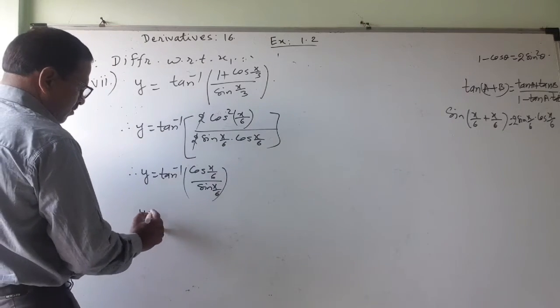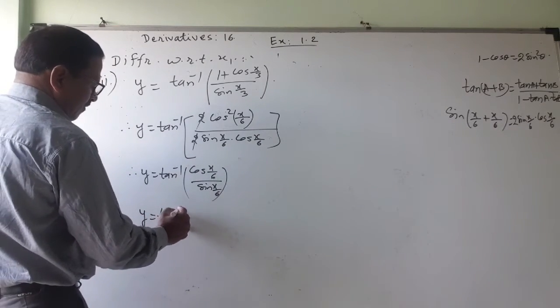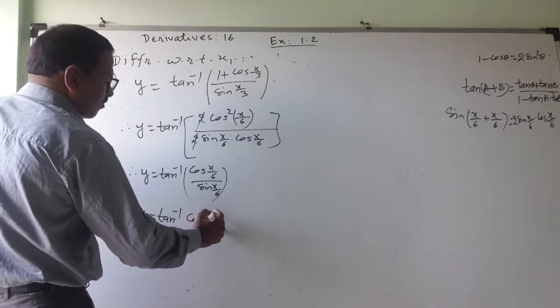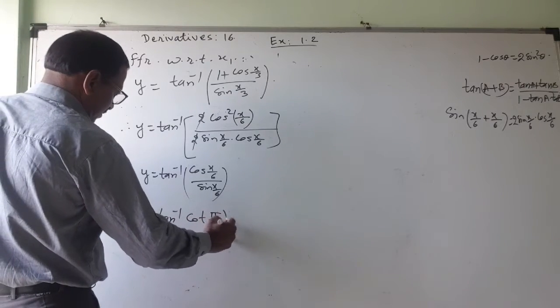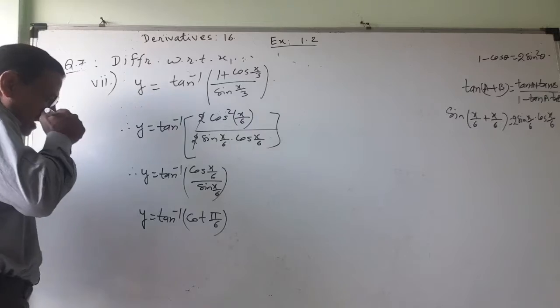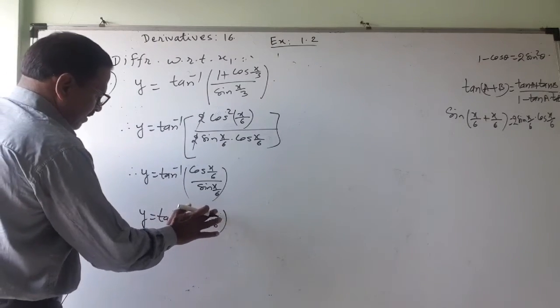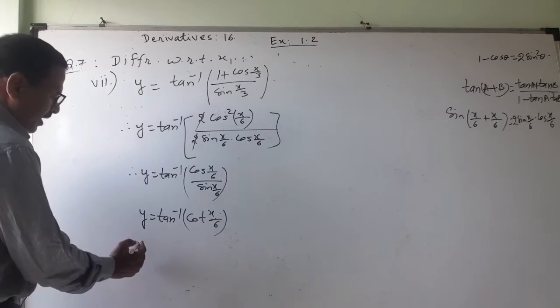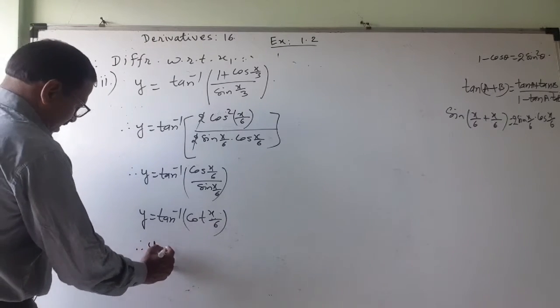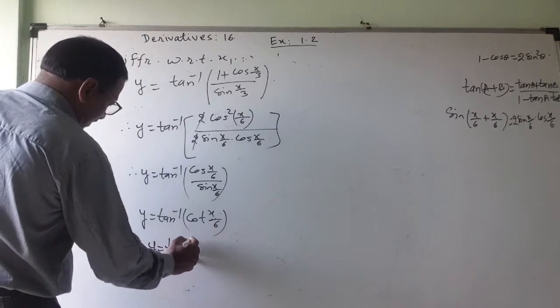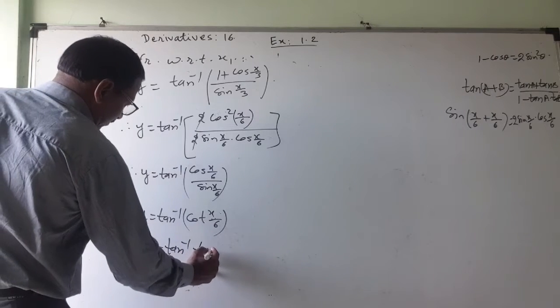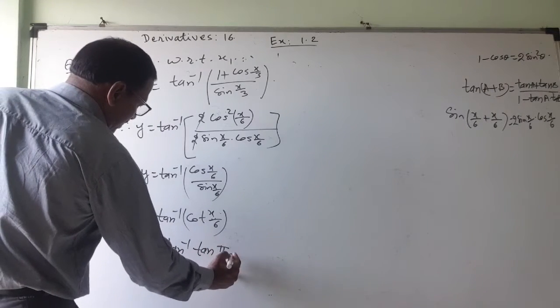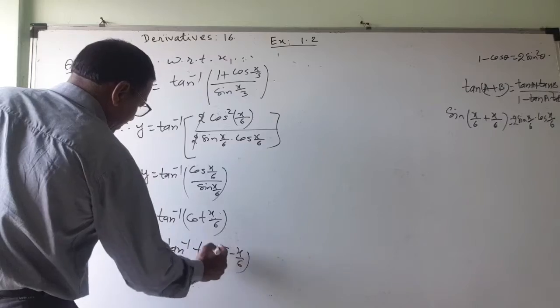So y is equal to tan inverse of cot of x by 6. But this cot and tan, not pi by 6, x by 6. So I have to convert this cot into tan. Therefore, y is equal to tan inverse of tan of pi by 2 minus x by 6. This way I can take it.